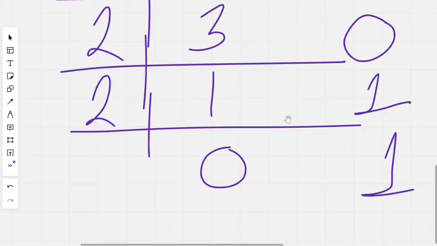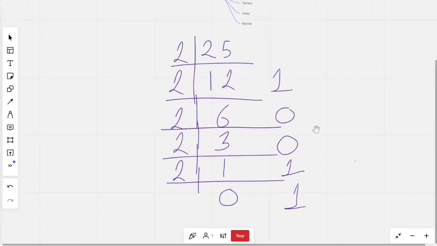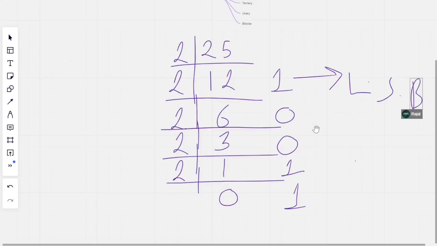If you see this, let me just zoom out a little bit. I had told you whatever you get the first time will be the least significant bit, and whatever you get at the very end will be the most significant bit.